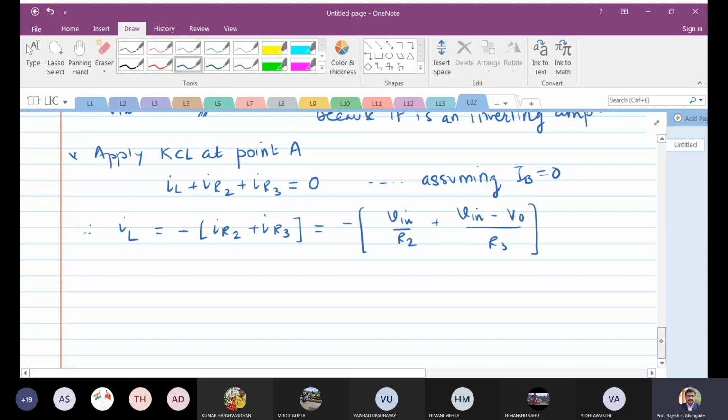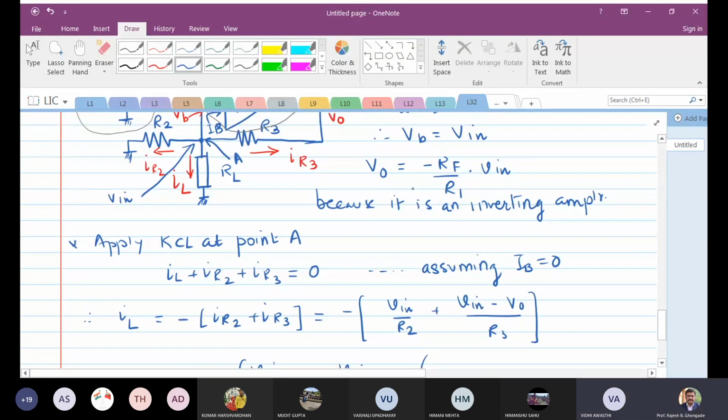Okay, so I can write this as minus V in by R2 plus V in minus VO, and what is VO? Minus RF by R1 into V in.